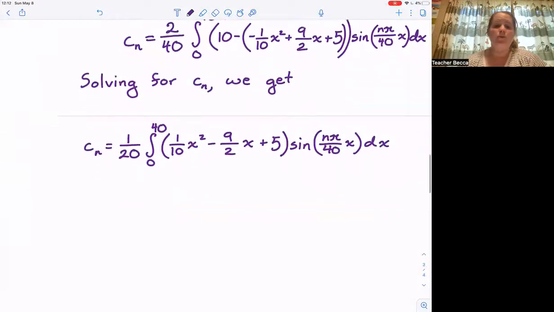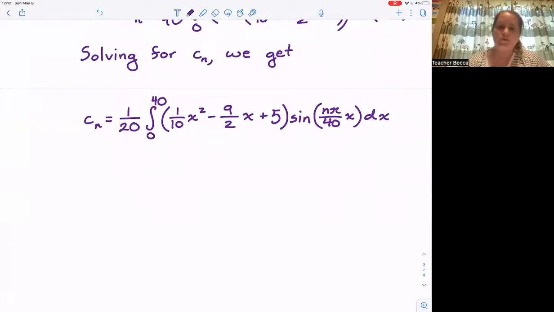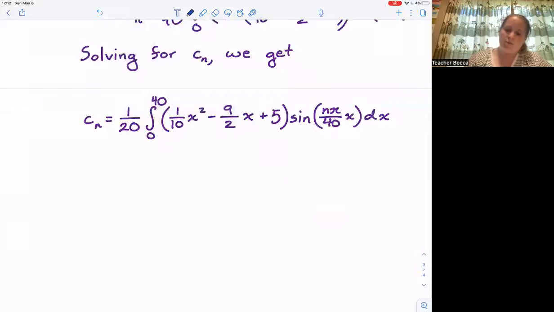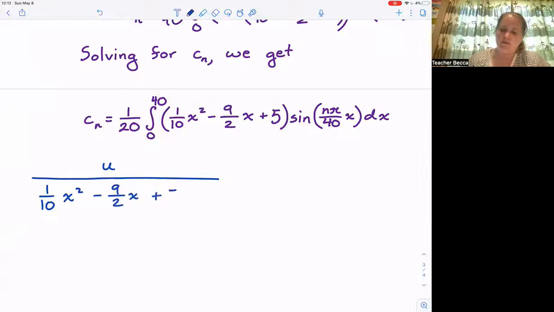Up to you if you want to split this into multiple integrals and do multiple levels of integration by parts, or we can just do one massive integration by parts. If we do one massive integration by parts, our u would be 1/10 x squared minus 9/2 x plus 5. Our dv is sine of n pi over 40 x.